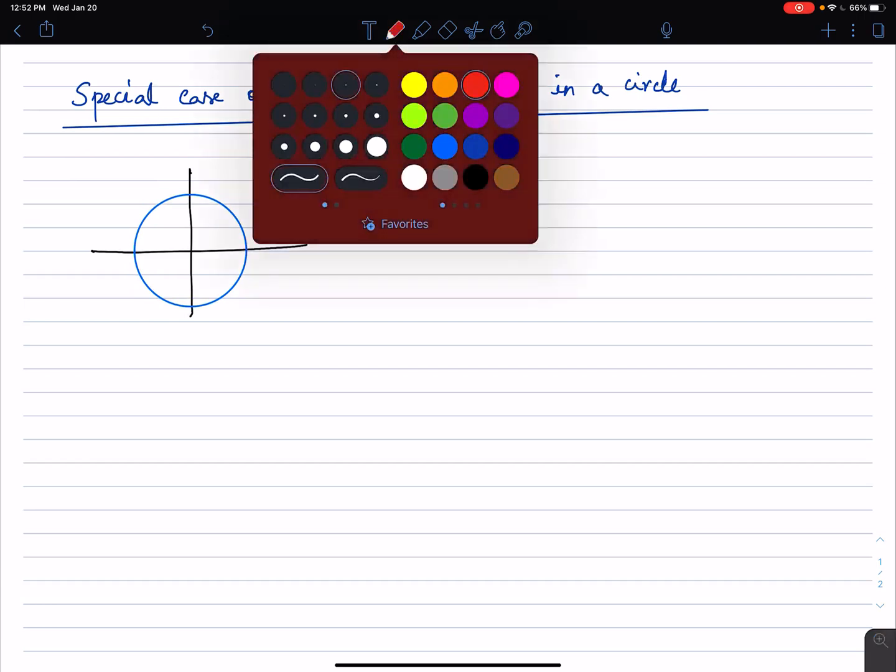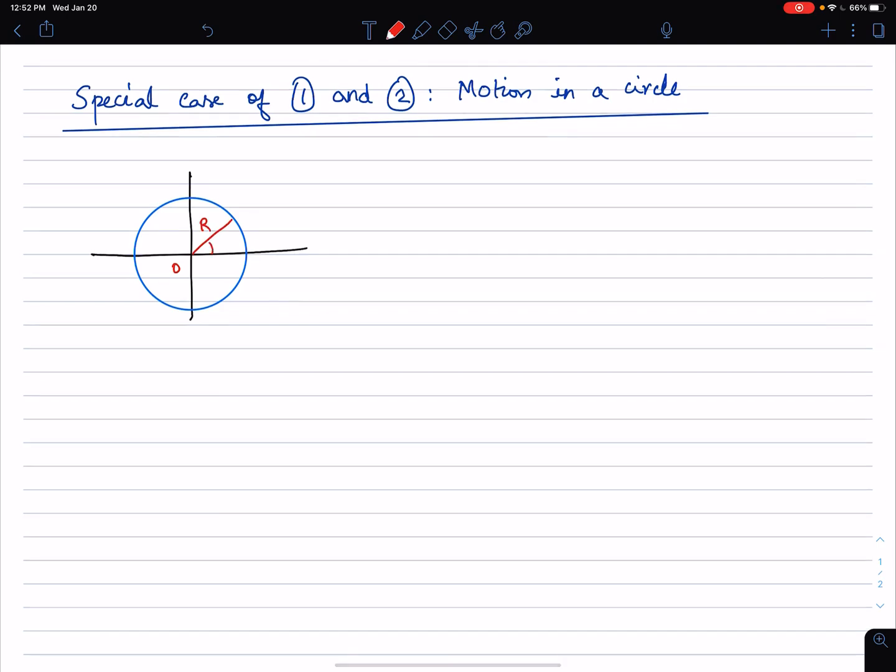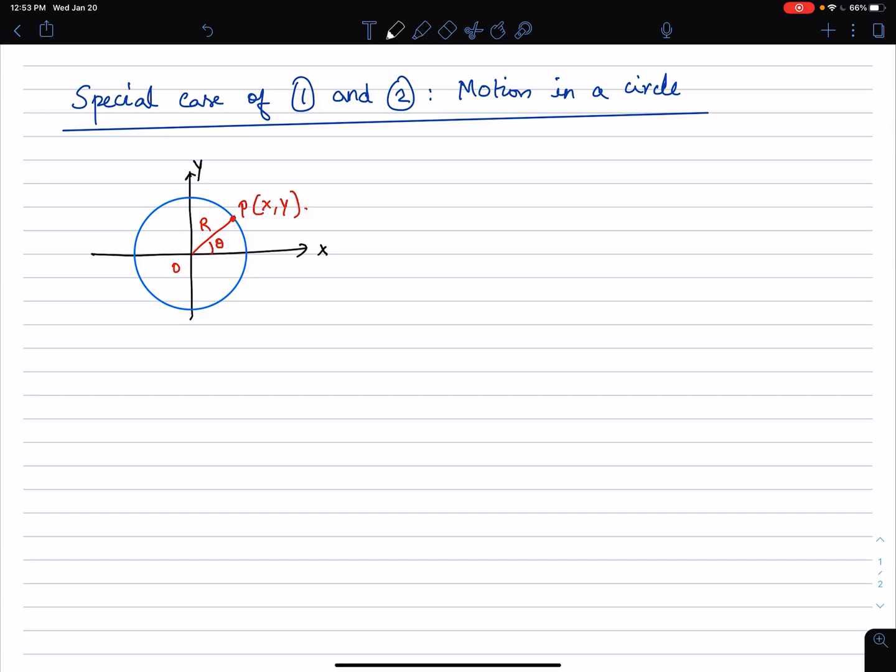And we have the origin O. And let's say that's a radius r, and we have this angle theta, and let's say we have point P, which is x comma y, and this point P goes in the circle. Okay, and I suppose we have the usual Cartesian coordinates. Okay, so how do we describe the motion of this point in a circle?